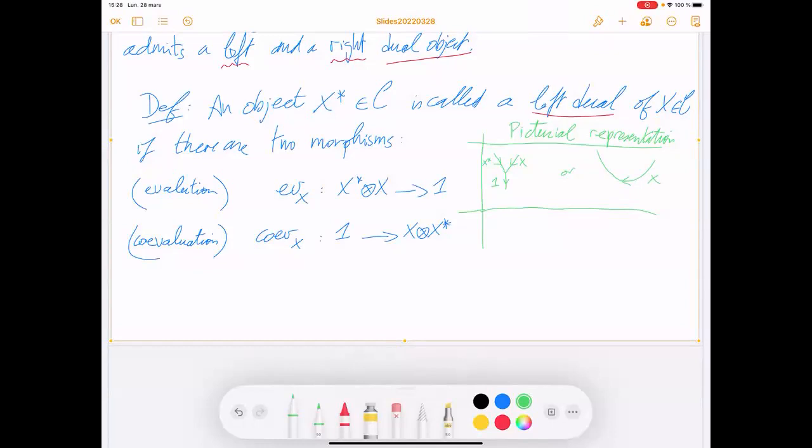You only keep the orientation of X, and the 1 is hidden.